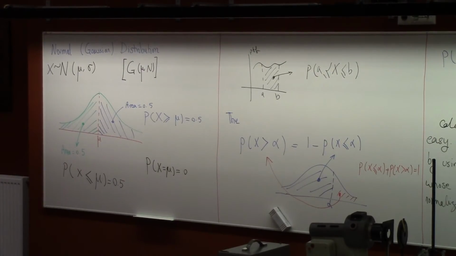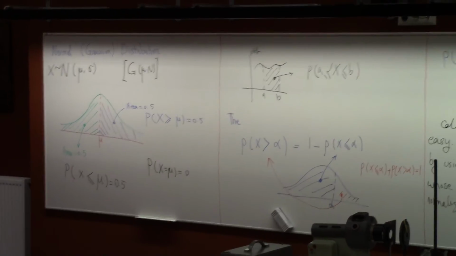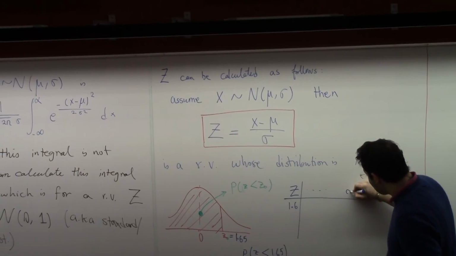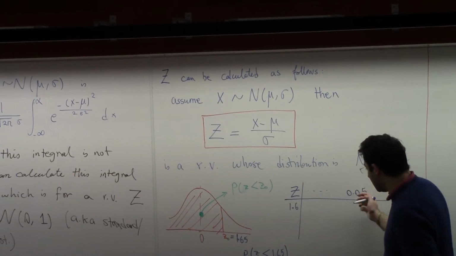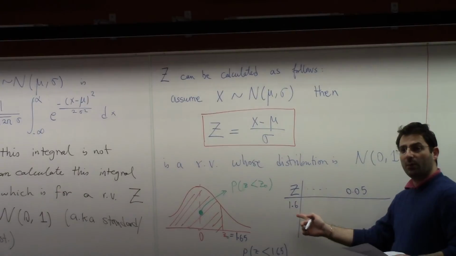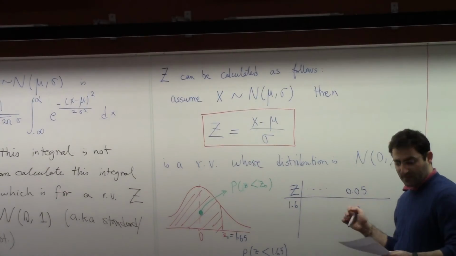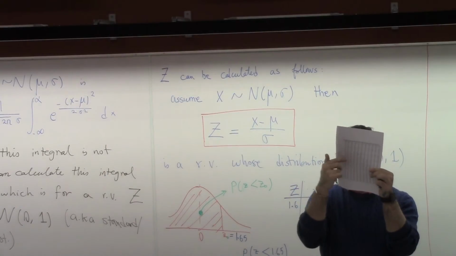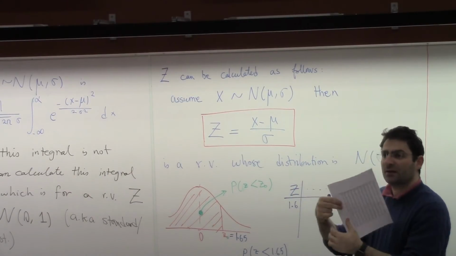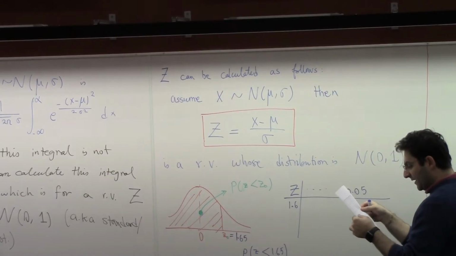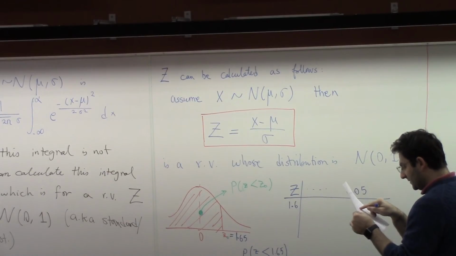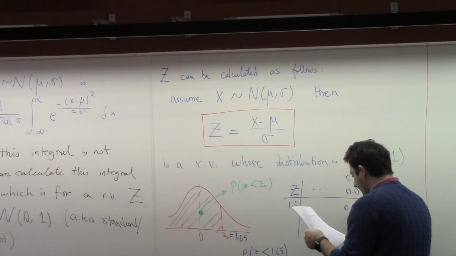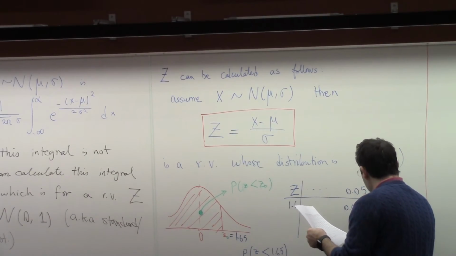I have to look at 1.6 in here, and then in there I have to look at 0.05, because if I add these two I will get 1.65, right? So if you go to your table, you look at the row 1.6, the column 0.05, then you will get the number 0.9505.